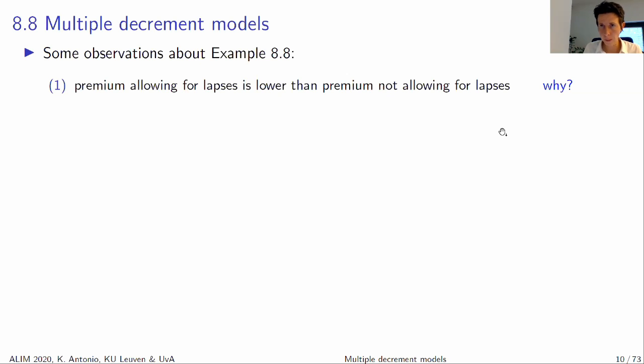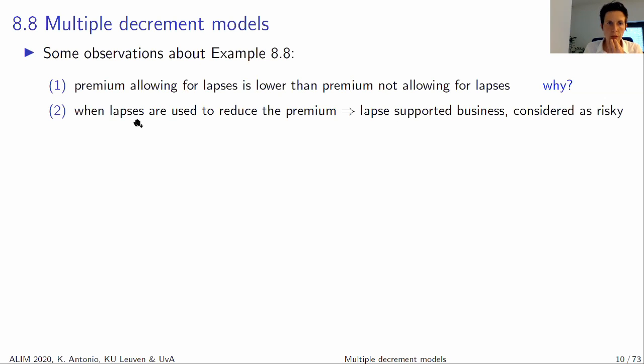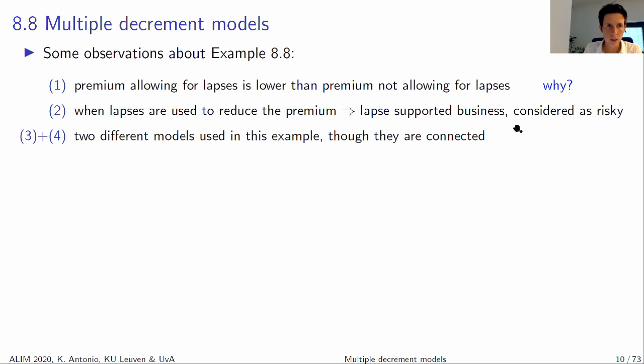Now, of course, a few extra notes on the impact of that. When the lapses are used to reduce the premium, we would call this a lapse-supported business, and it's considered very risky in the sense that, like Jonathan already mentioned, it's really hard to find good transition intensity estimates, for instance, for these lapses.